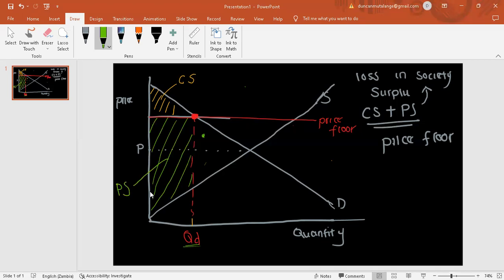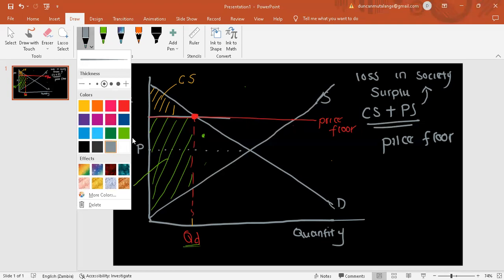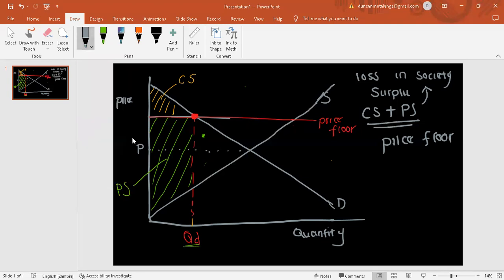So the one in yellow, in green right here, is our producer surplus. Now you can see that if we did not have this price floor, what would have been our consumer surplus? You know that it is right here, isn't it? If we didn't have this price floor, our consumer surplus would have looked at this price, and then would have said this area, and our producer surplus would have been this whole area here, isn't it?